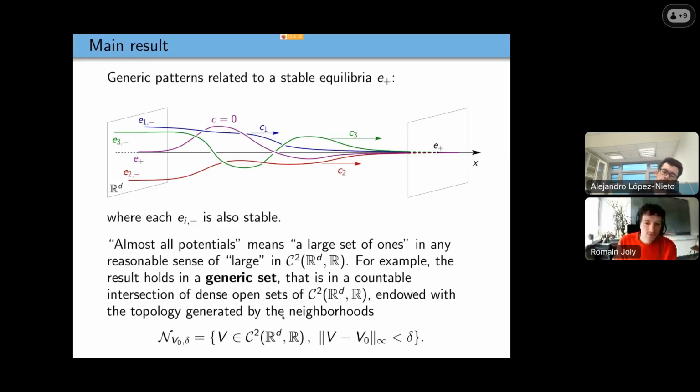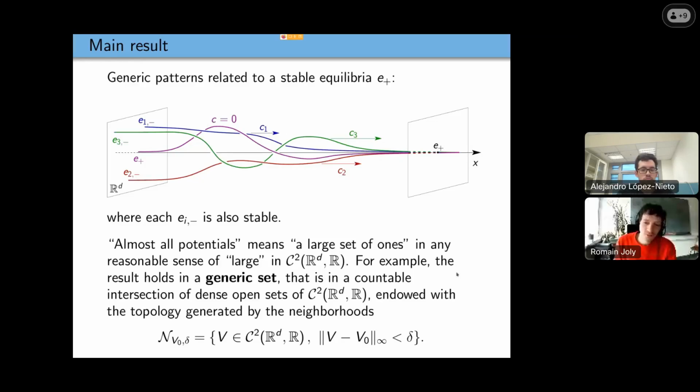Just once in this talk, I would like to make precise what I mean by generic set. It's not so important to understand the picture, but I want to give you a precise definition. What I will prove is that something happens not for all potentials, but for almost all. Almost all means for a large set of potentials, and there are different senses of what you can call a large set, but the result holds for any reasonable sense of large set.